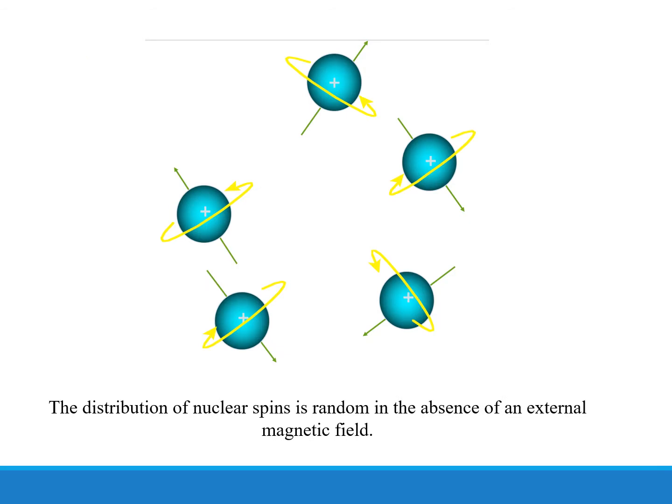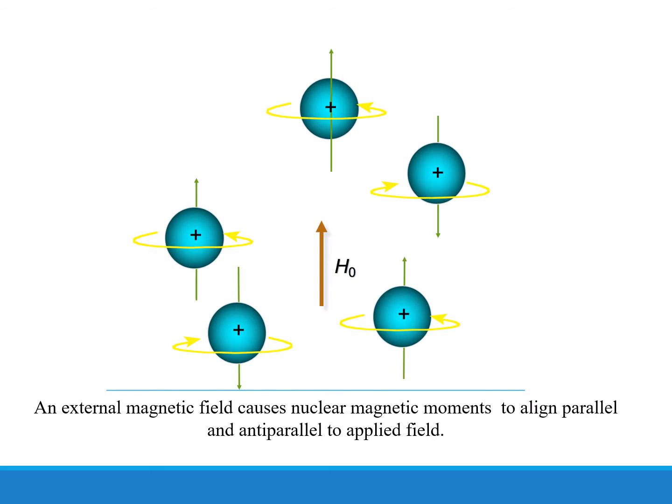So in the absence of a magnetic field, these nuclear spins will be randomly oriented. However, when we apply an external magnetic field, it causes these spins to align parallel or anti-parallel to the magnetic field.